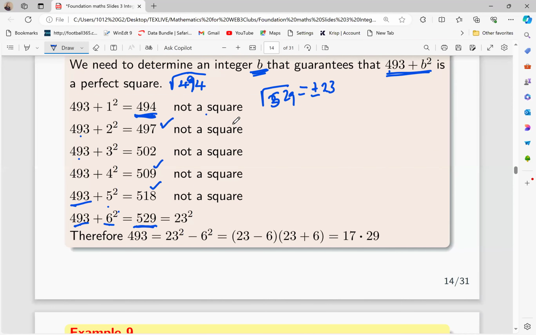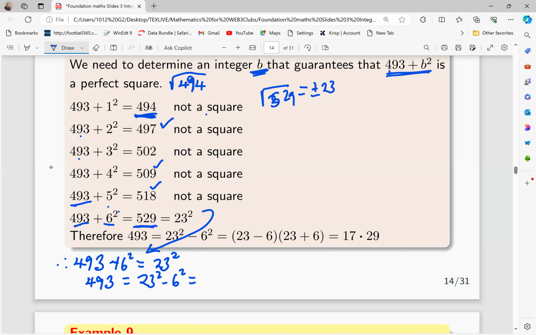So what we have from this step is that 493 plus 6 squared has given us 23 squared. So you can take 6 squared to the other side of the equal sign, and you have 493, which is the same as 23 squared minus 6 squared.